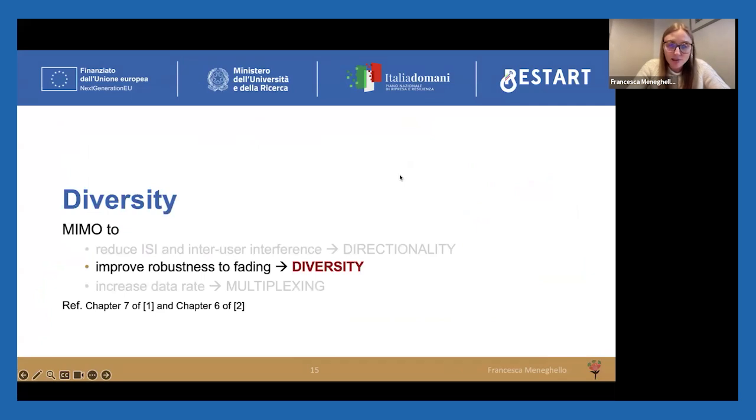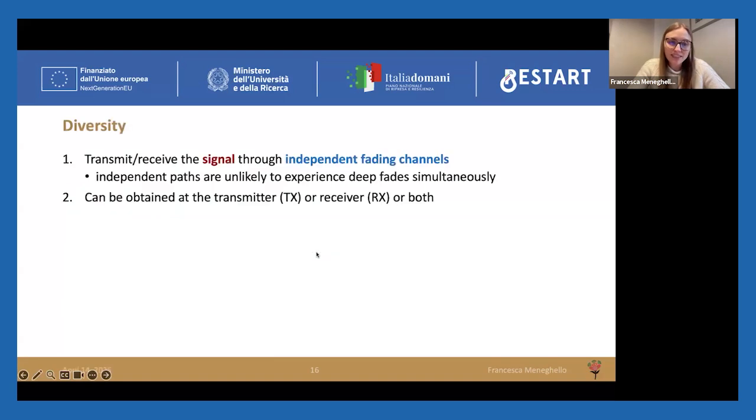And we can now go deeper into the detail of the benefit of using multi-antenna systems. So we will start from the diversity and then move to the multiplexing. So starting from the diversity gain, what does it mean? So the diversity means that we transmit the same signal through independent fading channels, or we receive the same signal from independent fading channels.